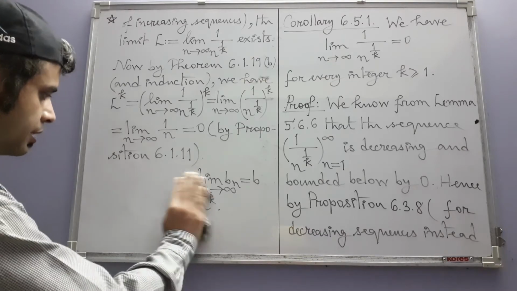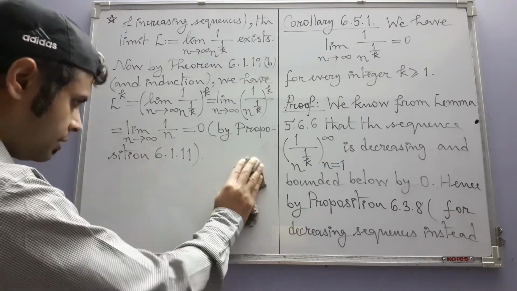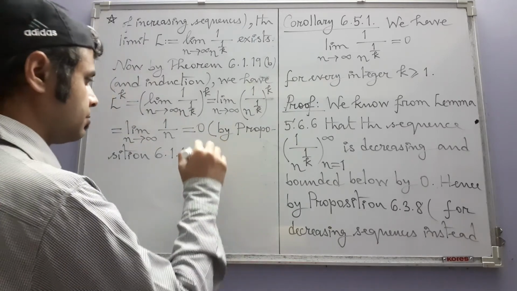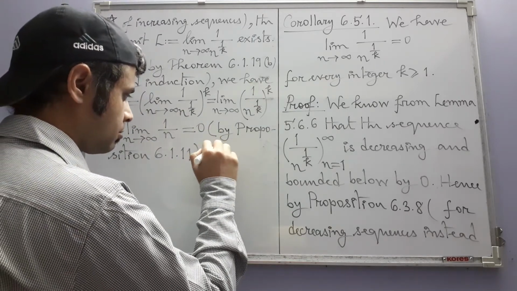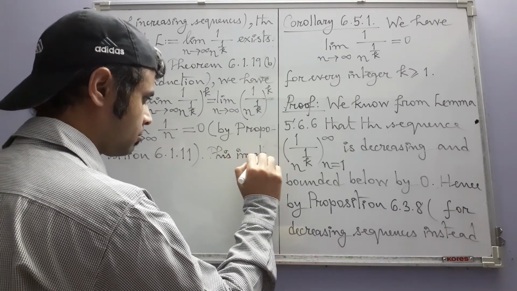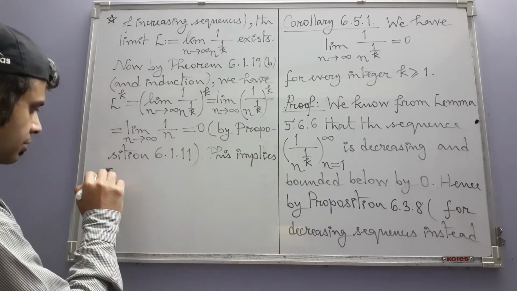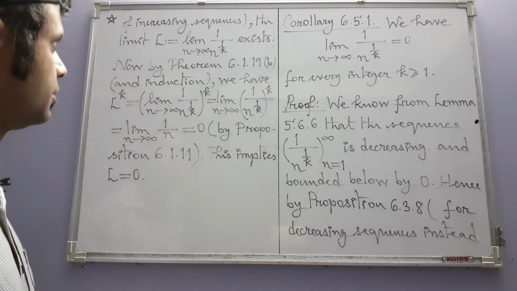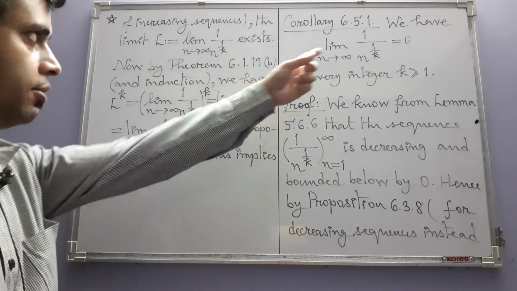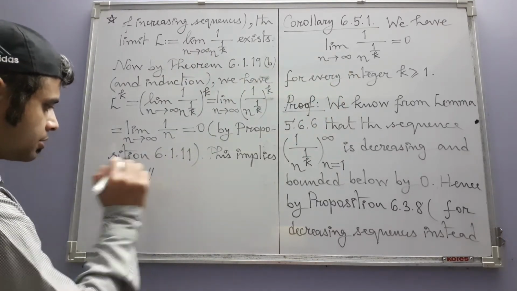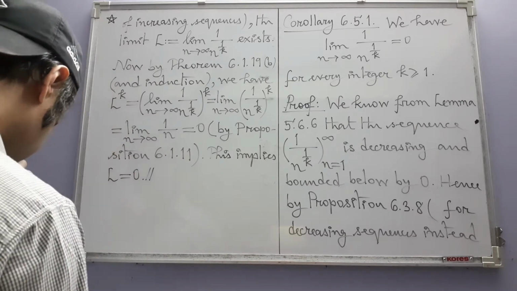That means L itself must be equal to 0. This implies L is equal to 0. That means our original limit is 0. That's what we wanted to prove. So this completes the proof of this corollary.